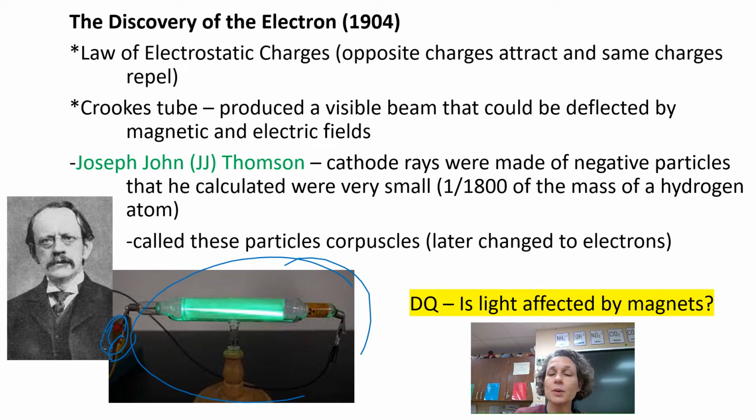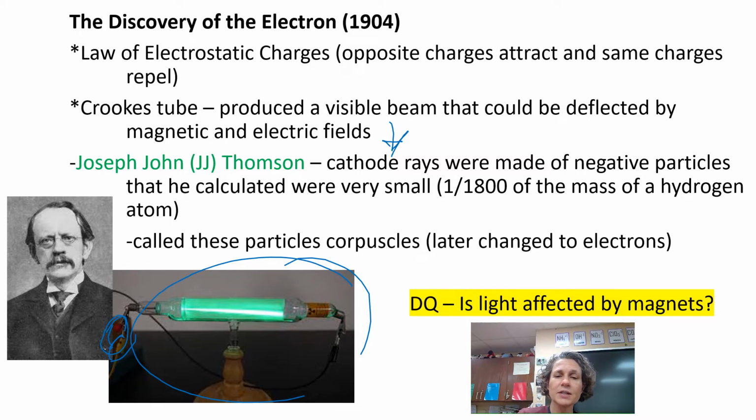So now the big deal about this. The very handsome man there, his name is Joseph John Thomson. I've always learned him as JJ, so I just call him JJ. You know, we're close. Anyway, he used this Crookes tube and he looked at those cathode rays, which is that visible beam, and he determined that there was a very strong presence of negative particles.